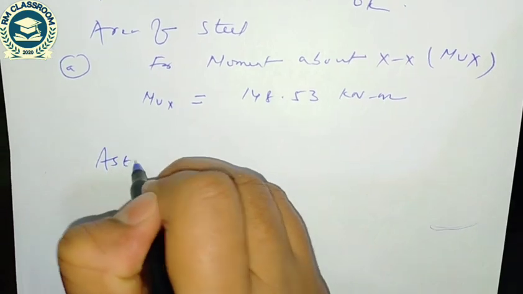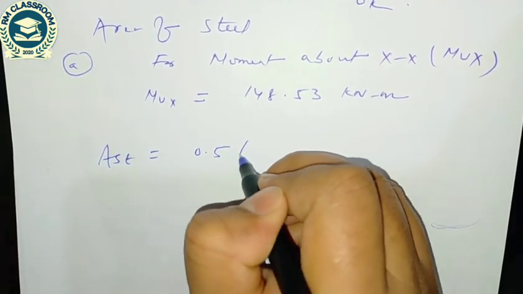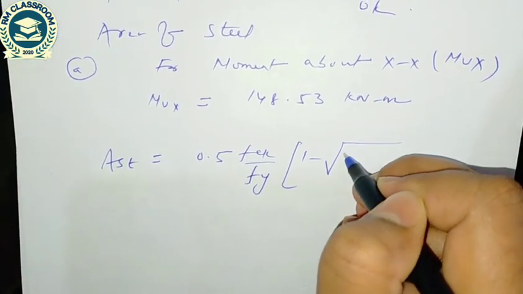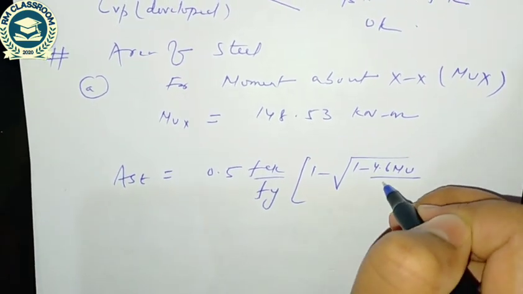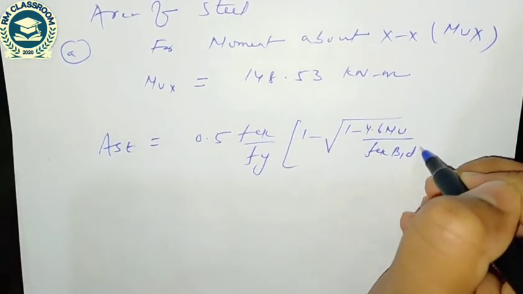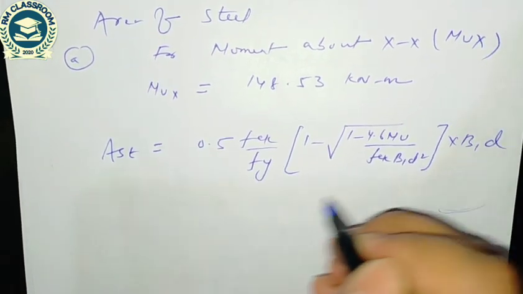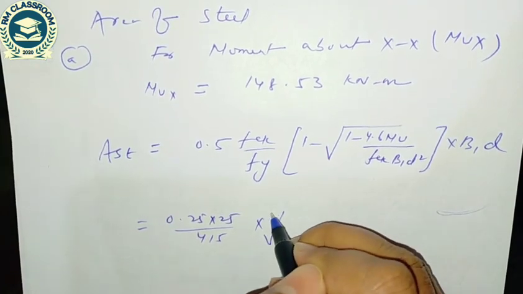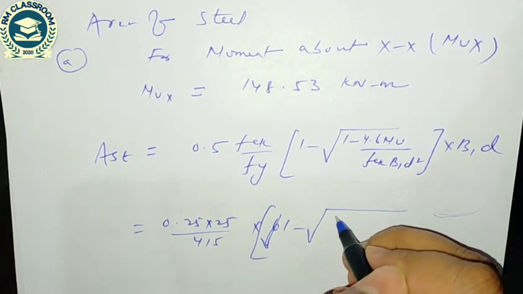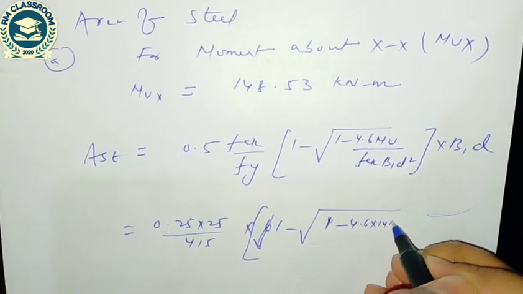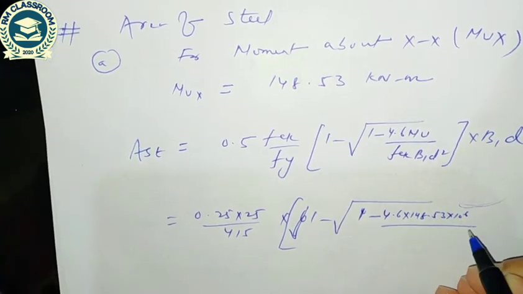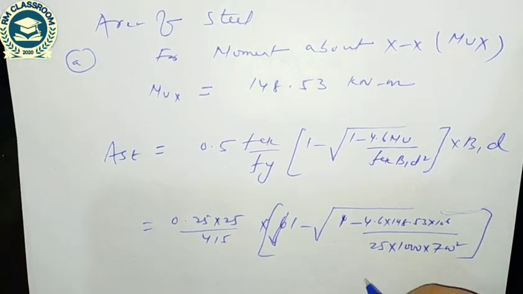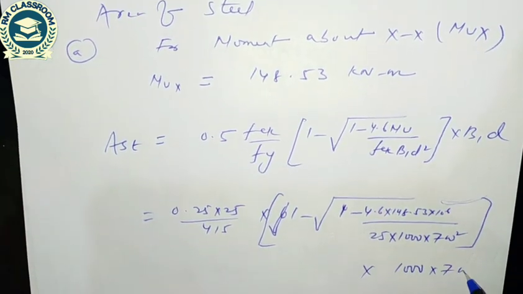So area of steel can be computed by the 0.5 formula: 0.5 FCK by Fy into 1 minus square root of 1 minus 4.6 Mu divided by FCK B1 d square, into B1 into d. So 0.5 into 25 divided by 415 into square root of 1 minus square root of 1 minus 4.6 into 148.53 into 10 to the power 6 divided by 25 into 1000 into 700 square, into B1 1000 into 700.